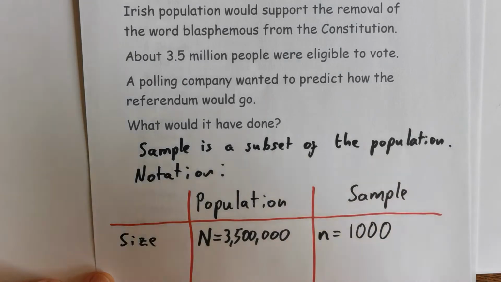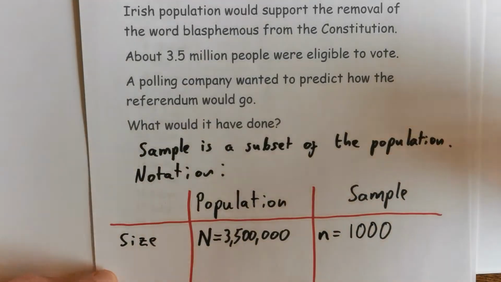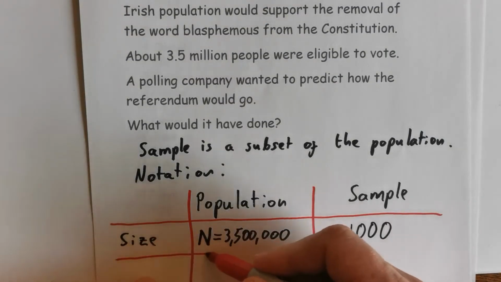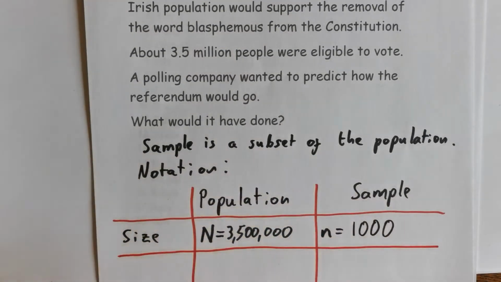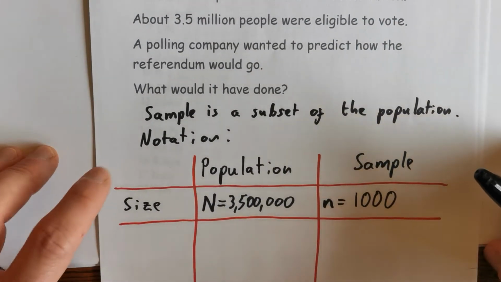Okay? And then they will ask them different things. They'll ask them what way they're going to vote. And what they'll do is they'll generate some kind of percentage of people who are going to vote yes.